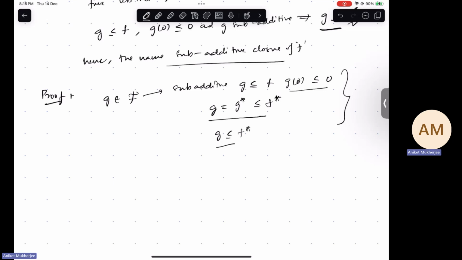There is one more theorem which gives the relation between minimum, convolution and subadditive closure.